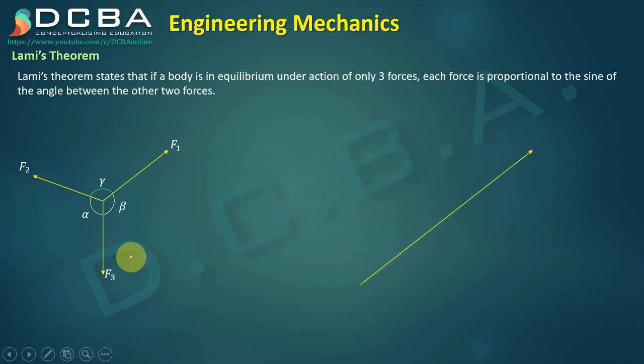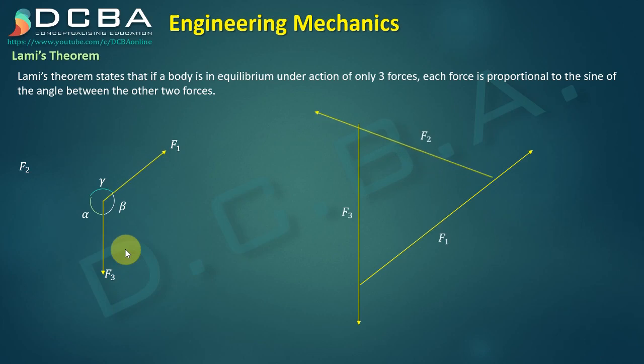Let's say this is F1. I form a triangle by these 3 forces. Okay, and let us say that this is F2. Alright, what I have done is actually just expanded them. This side of the triangle is parallel to F1, this side is parallel to F3, and this side is parallel to F2.